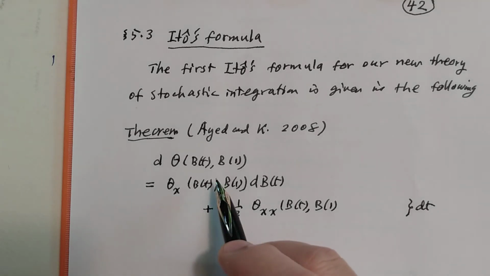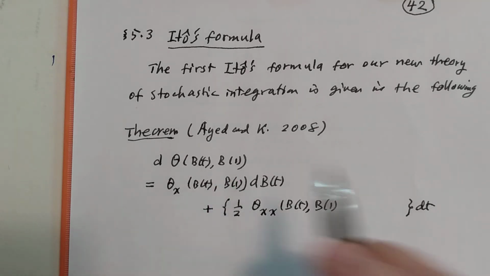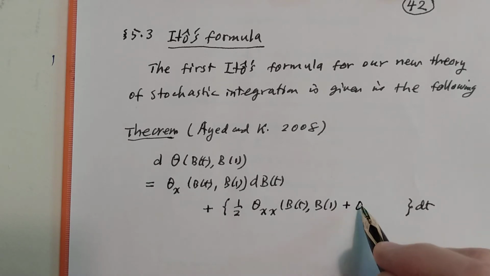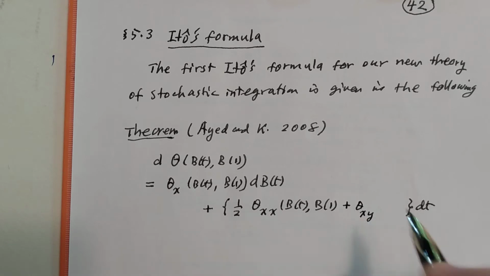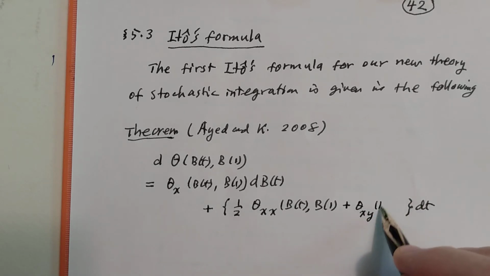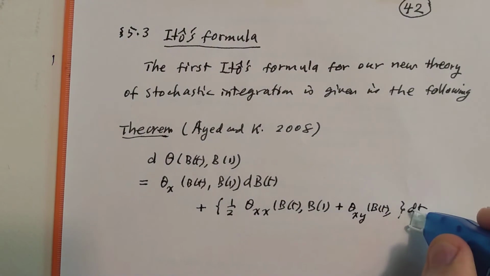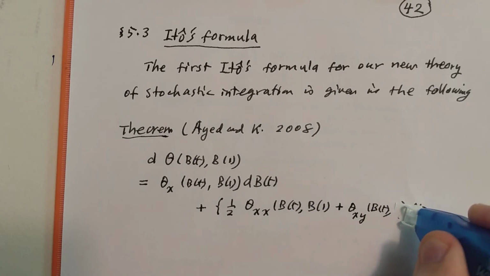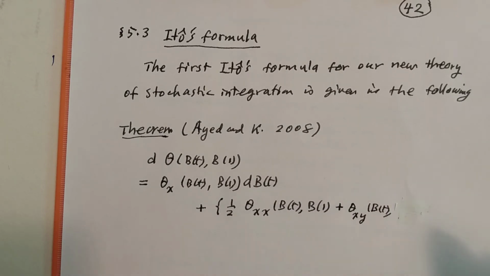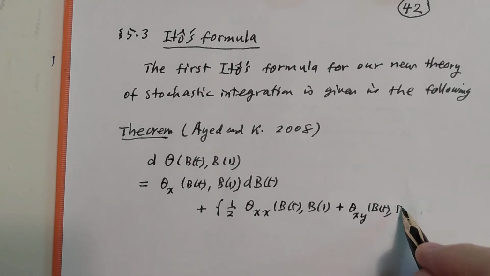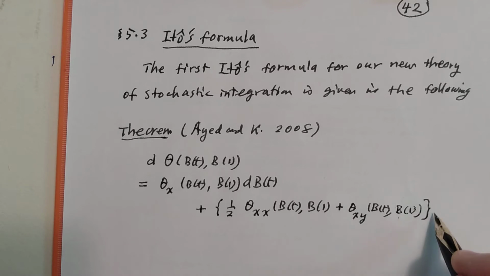But for the appearance of B_1, we have one correction term here. This is plus theta_xy of B_t, B_1 dt.